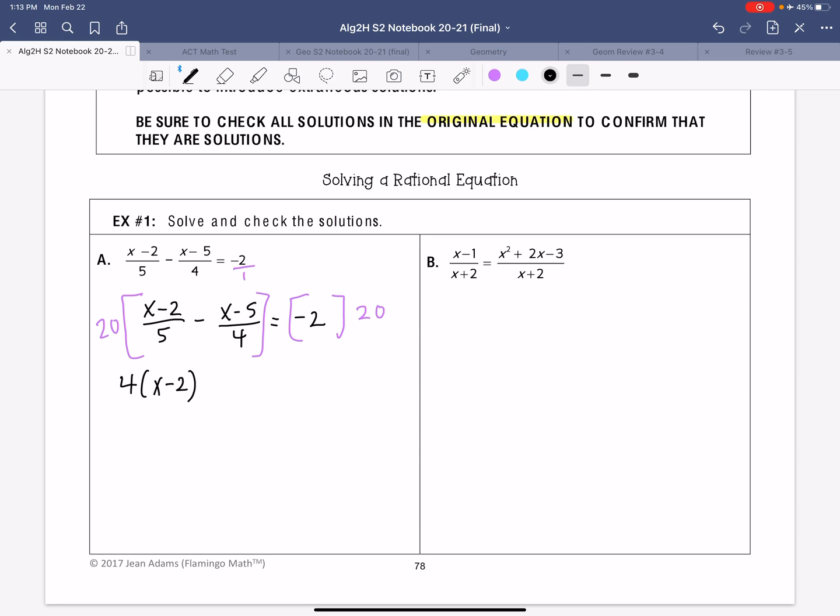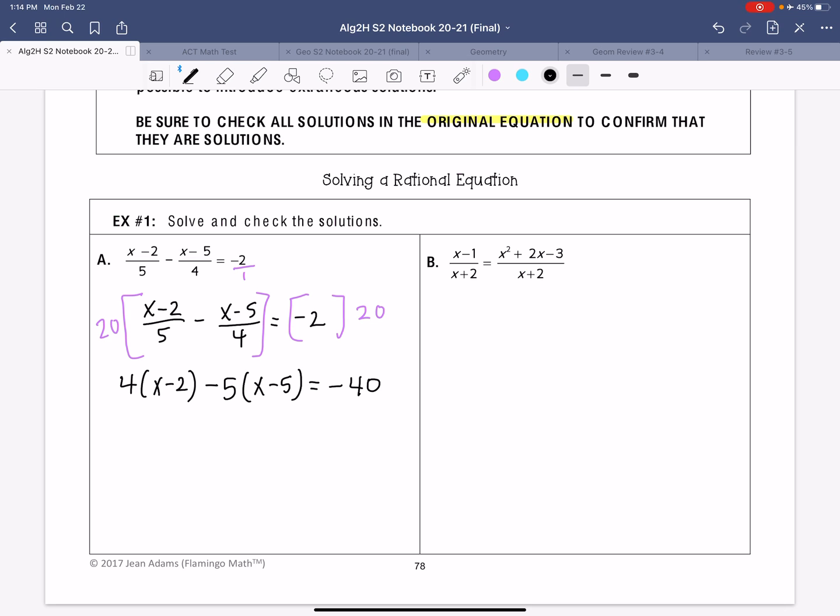Then minus, and here the 20 and the 4 simplify to become a 5, so we have 5 times x minus 5. And -2 times 20 gives me -40.